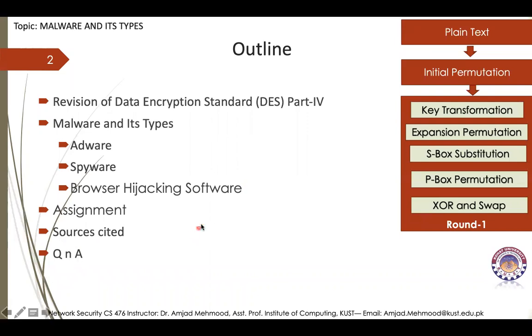So before starting with the revision, I will make a brief explanation of how DES performs. This is the general structure. First of all, you pass a 64-bit plain text, and then initial permutation is performed.